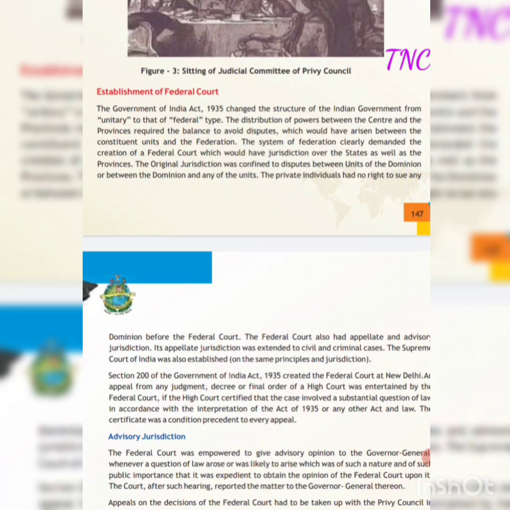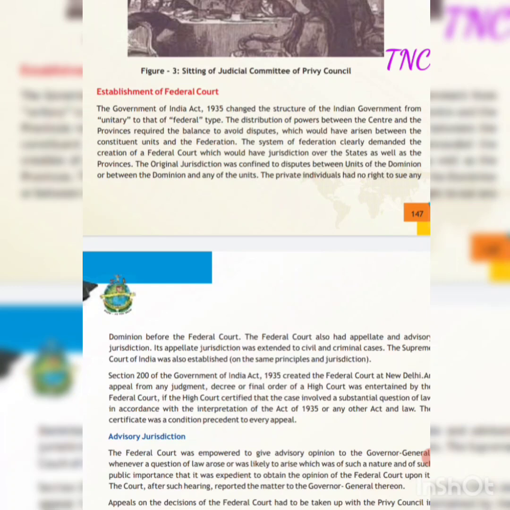The system of federation clearly demanded the creation of a federal court which would have jurisdiction over states as well as provinces. Now, the federal court that would be established would have jurisdiction over the states, provinces and all of India. Original jurisdiction was confined to disputes between units of the dominion or between the dominion and any of the units.